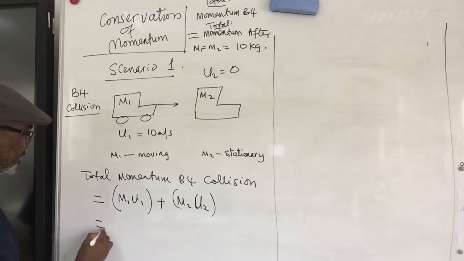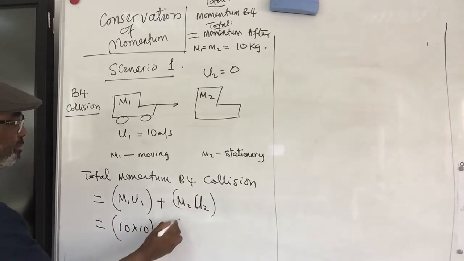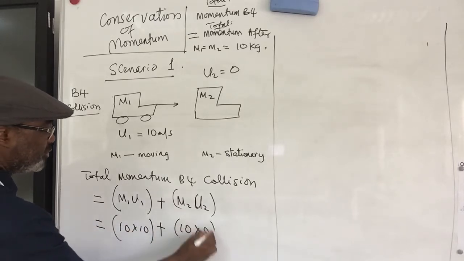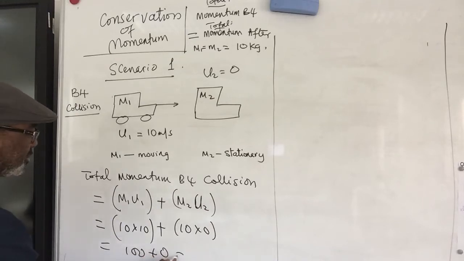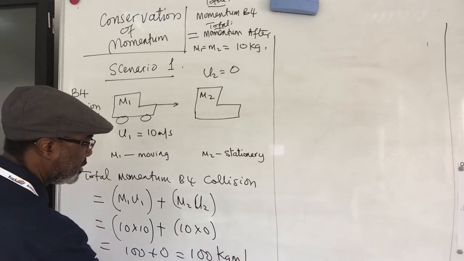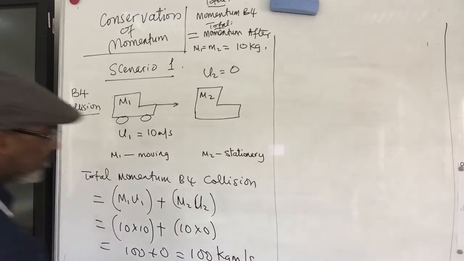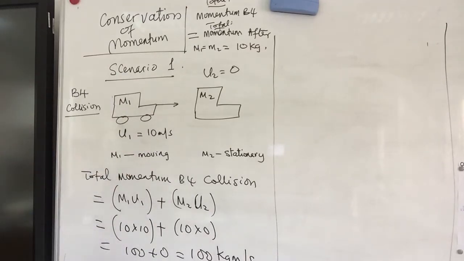So this is 10 times 10 plus 10 times 0, which is 100 plus 0, equal to 100 kilogram meters per second. Remember, the unit for momentum is kilogram meters per second.